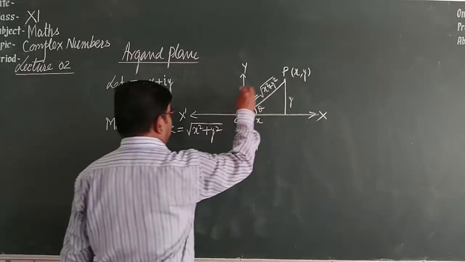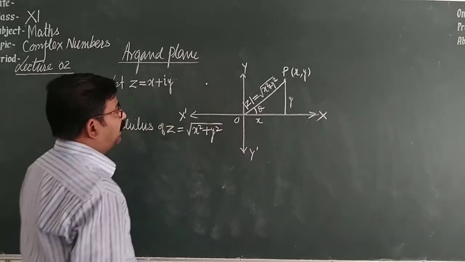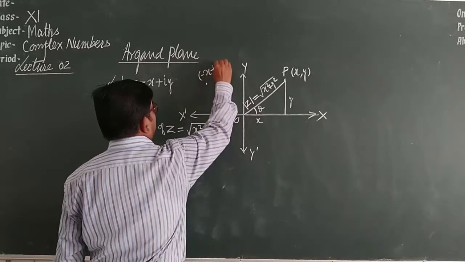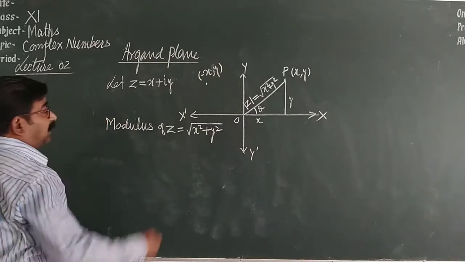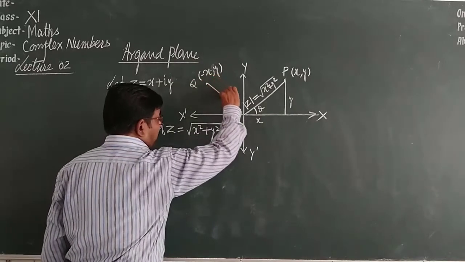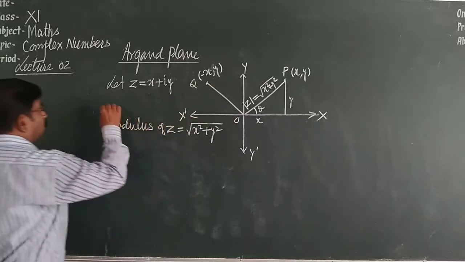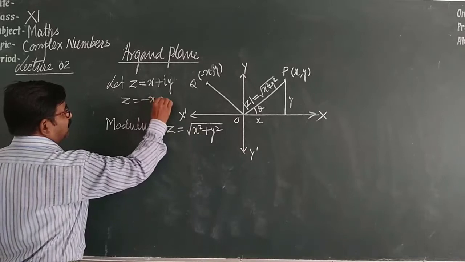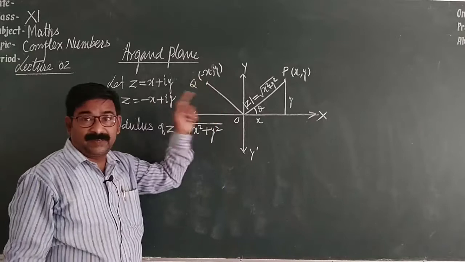Suppose we have another point here and its coordinate is (minus x, y). Then this point is, suppose, Q, and if we join this here, what is the complex number of this Q? z is equal to minus x plus iy, because x is negative in the second quadrant.